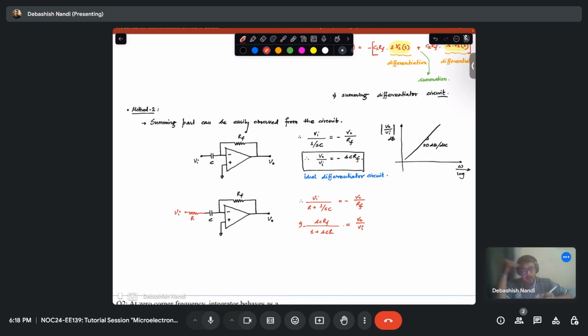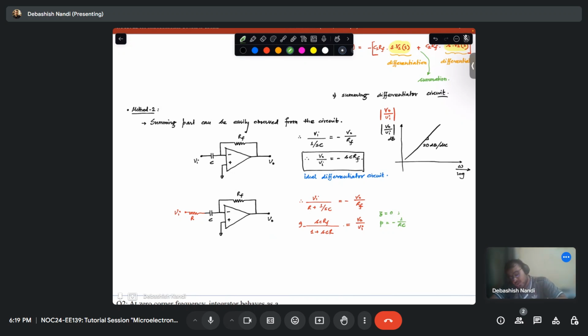Fine. Now if you take your V0 by Vi for this case, you have a zero at 0 and a pole at minus 1 over RC, right?